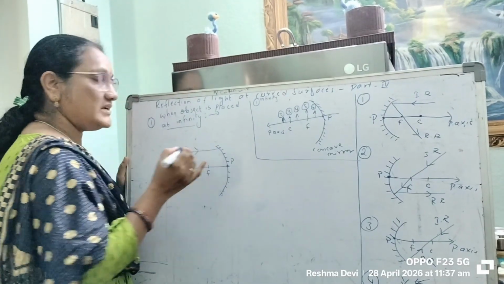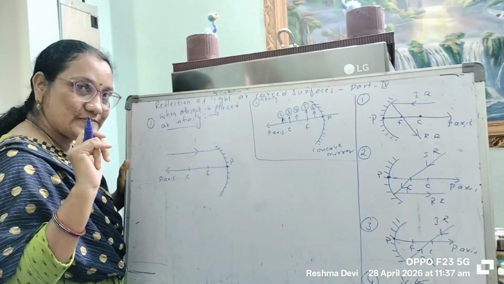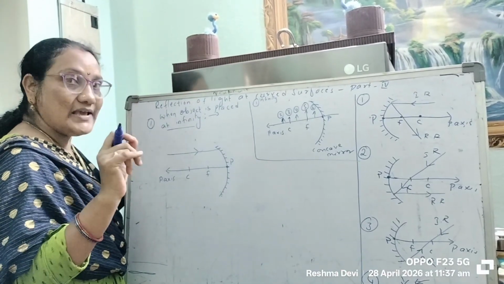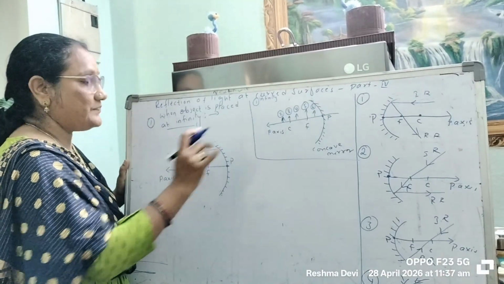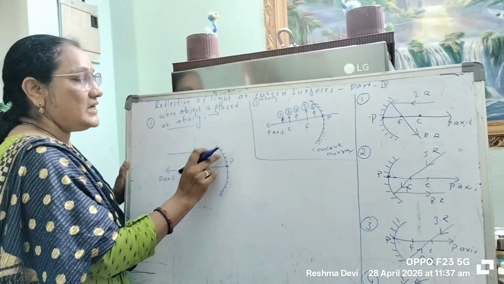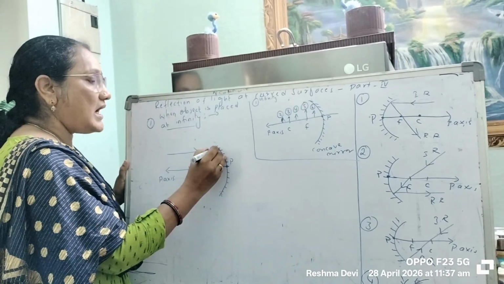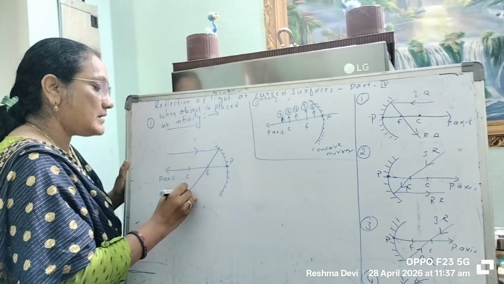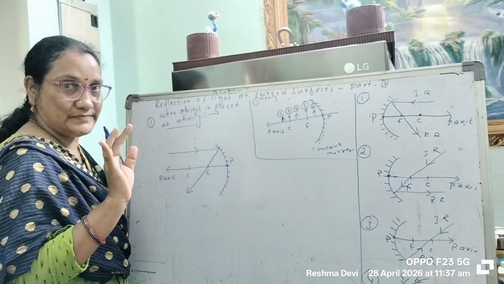When the object is at infinity, we get parallel rays. Parallel rays means the rays which travel parallel to the principal axis. Now these rays, at the reflecting surface, reflect and pass through the focal point.